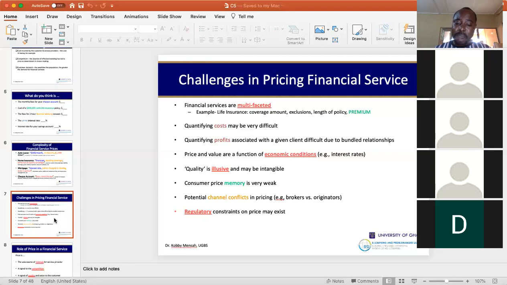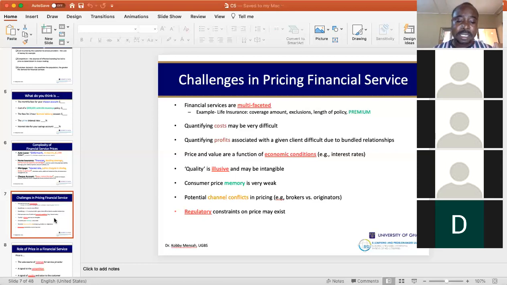So their memories on price could be very weak in terms of their evaluation and assessment of it. And potential channel conflict in pricing, of course, if you are using brokers or agencies, etc., there could be a conflict in pricing. And even in terms of what we call bank assurance, there could also be potential conflict in pricing as well.